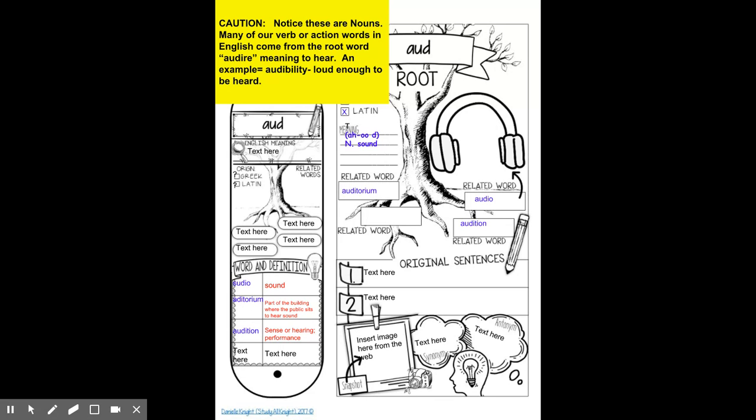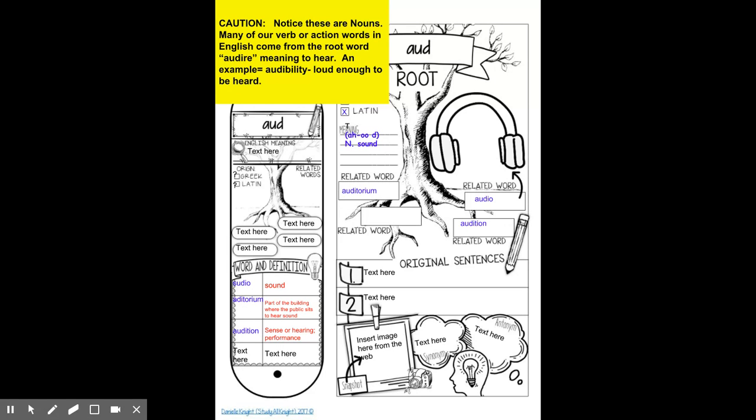So an example would be audibility. So loud enough to be heard. Are you audible? Are you loud enough to be heard? So instead of saying, I can't hear you, you're not speaking loud enough, you could say, you are not audible for me to hear.